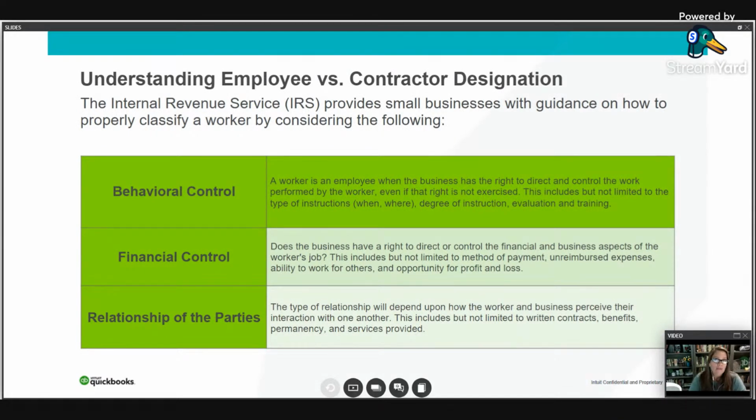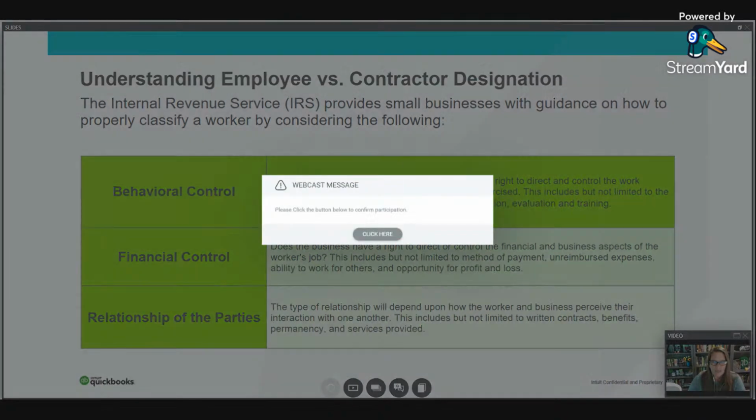The IRS provides small businesses with guidance on how to classify this, and you need to consider a few things. The first is behavioral control. A worker is a direct employee, which means they get taxes taken out, Social Security, Medicare, federal and state taxes, when the business has the right to direct and control the work performed by the worker, even if that right is not exercised.